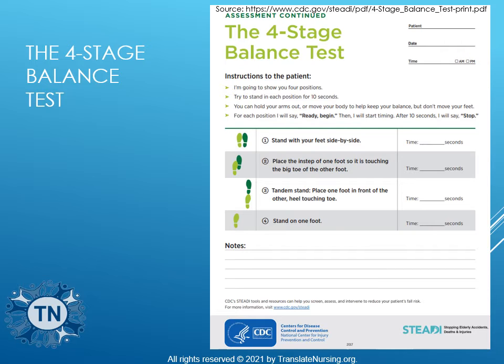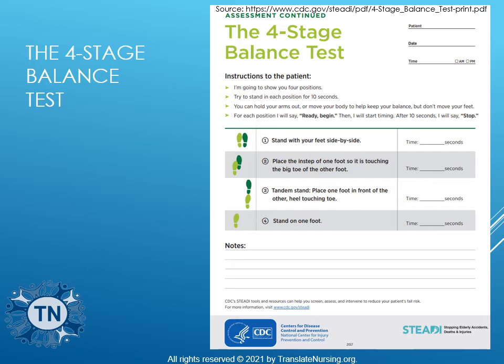So the first position is again standing with two feet side by side. The second position is when the patient places one foot so it's touching the big toe. The third is the tandem stance, which is placing one foot in front of the other, so the heel is touching the toe.